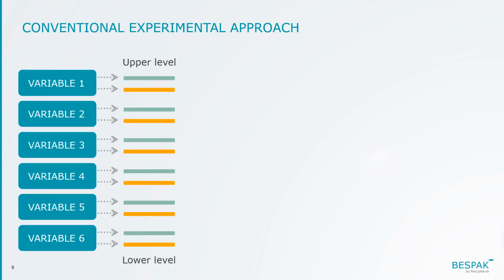In a conventional experimental study, each input variable would normally be tested at 2 levels in the first round of experiments. For example, the metering chamber volume might be set at 25 microliters for the lower level and 63 microliters for the upper level.